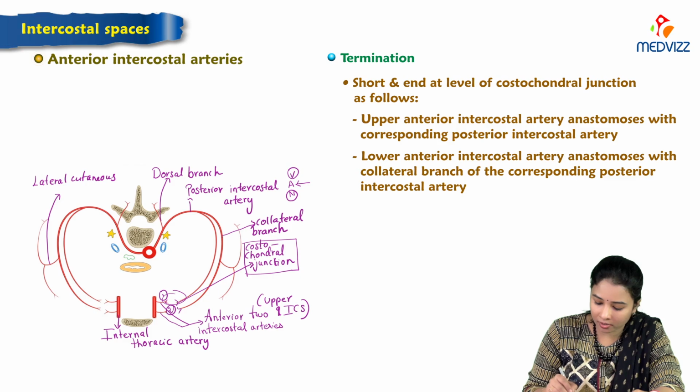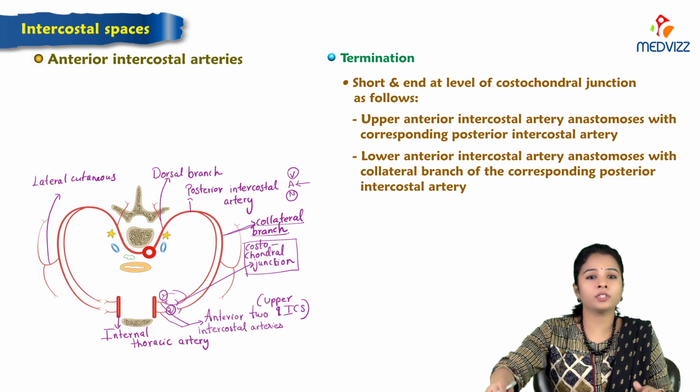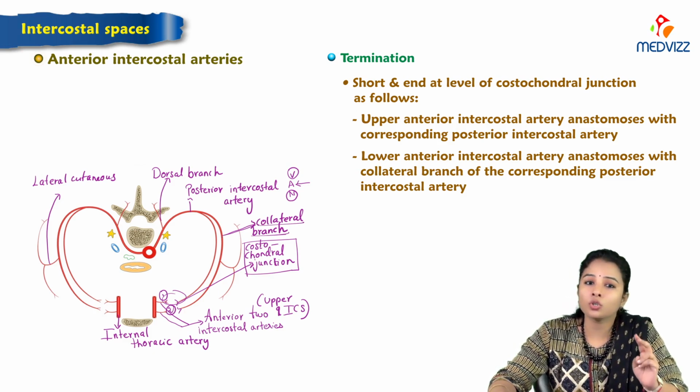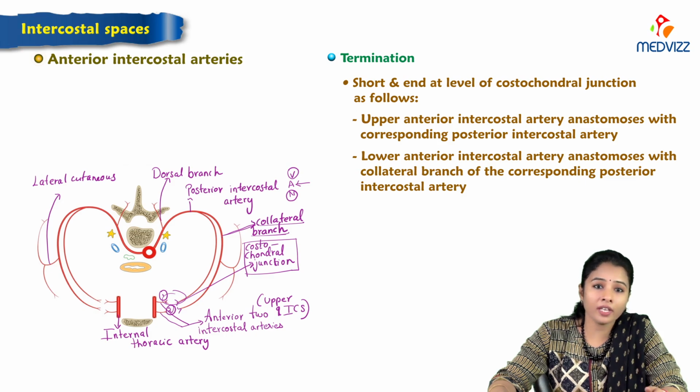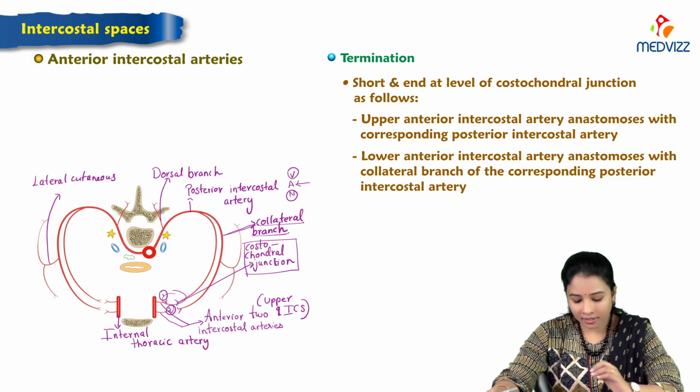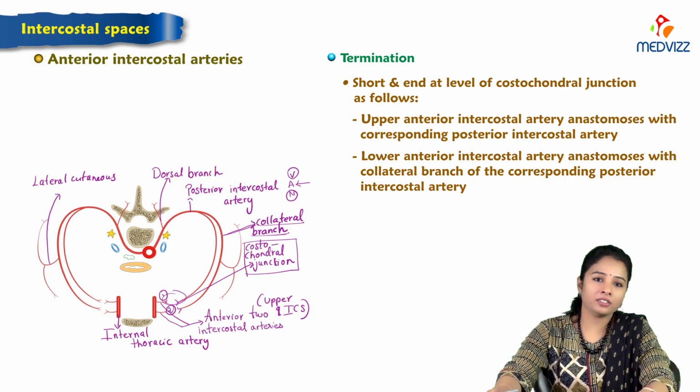So this is the collateral branch. So it ends by anastomosing with the collateral branch. So each intercostal space contains two anterior intercostal veins also. That's how the anterior intercostal arteries terminate by anastomosing.